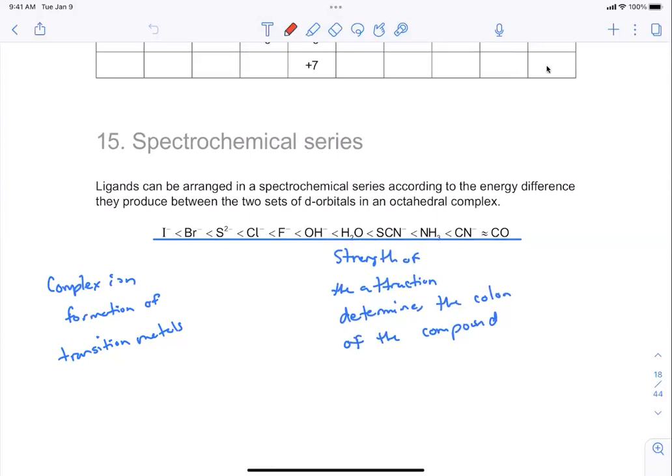Because it varies a little bit, I want to make sure I'm saying it right. If there's an actual trend, let me double check something really quickly.